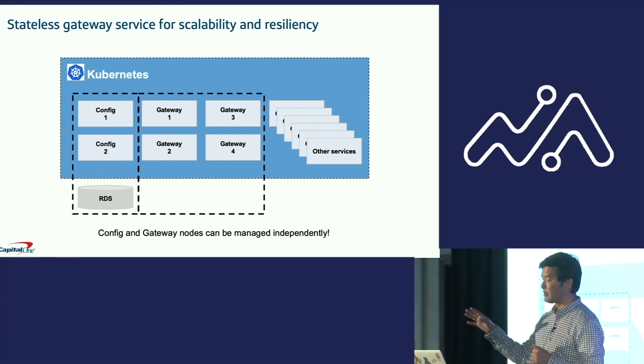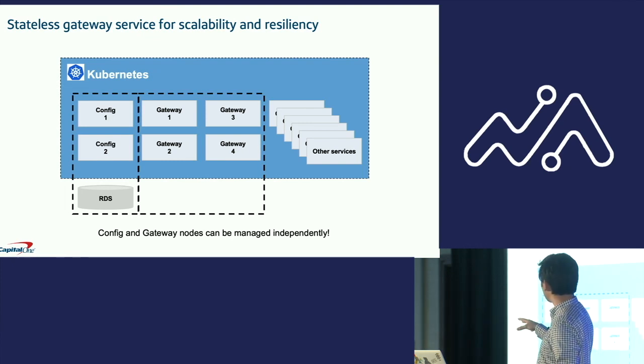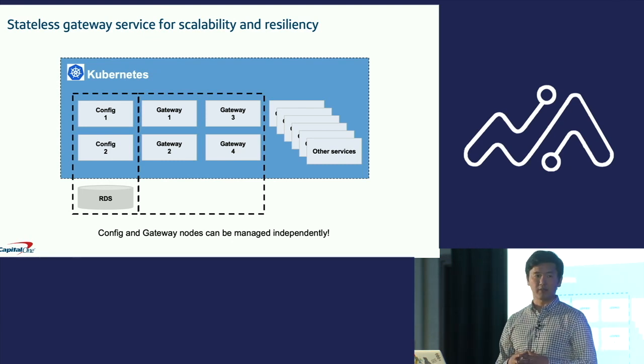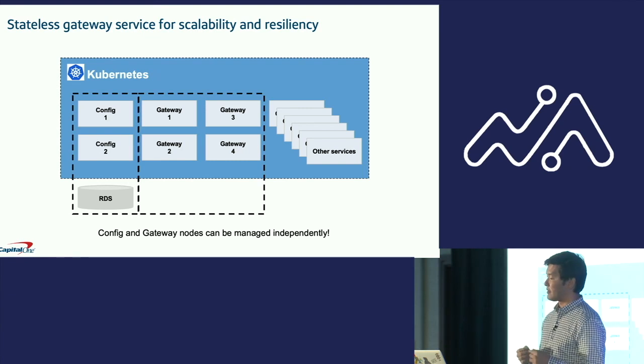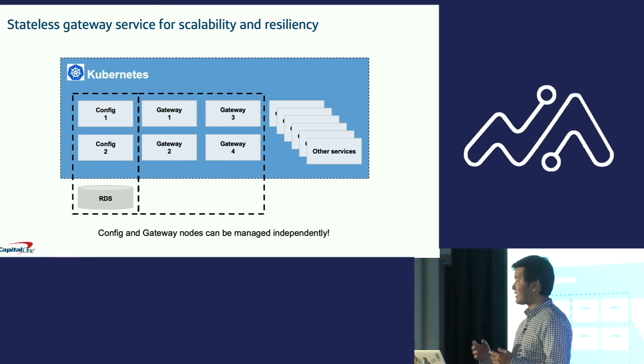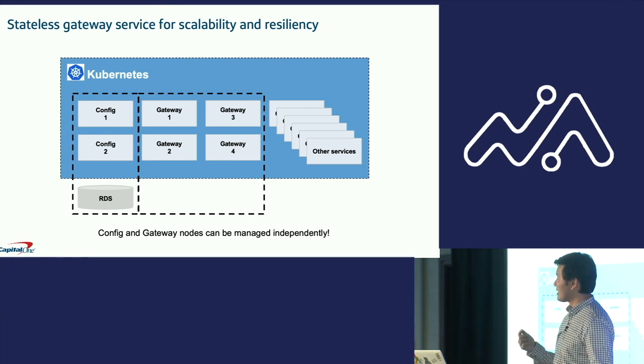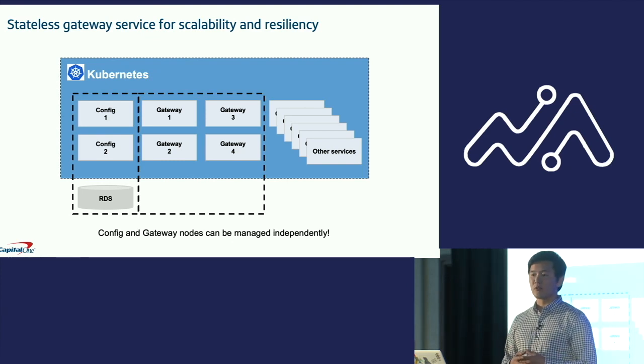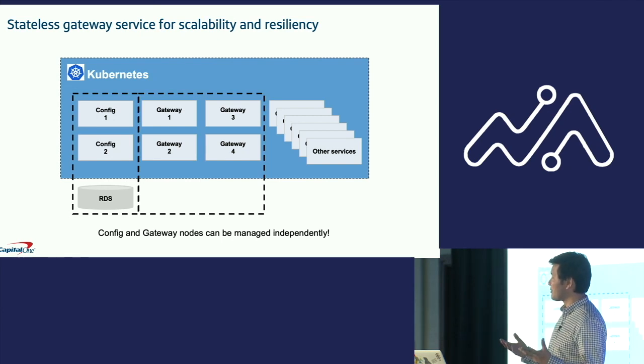On the GraphQL server side, in this diagram called gateway 1, 2, 3, and 4, these are stateless microservices. They can run out of memory because some really expensive query was executed, or they may need to be taken down for maintenance because of a bug or new features that we implement in the gateway.